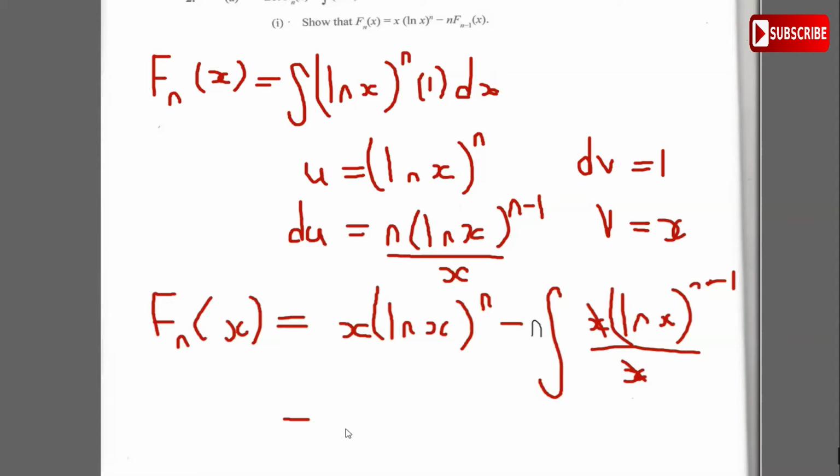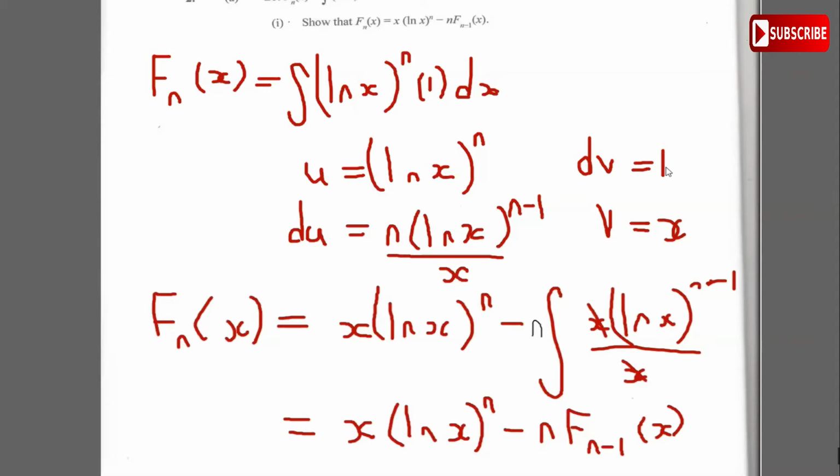So this works out to be x (ln x)^n minus n times fn minus 1 of x. Nice and easy. That's how we do this question.